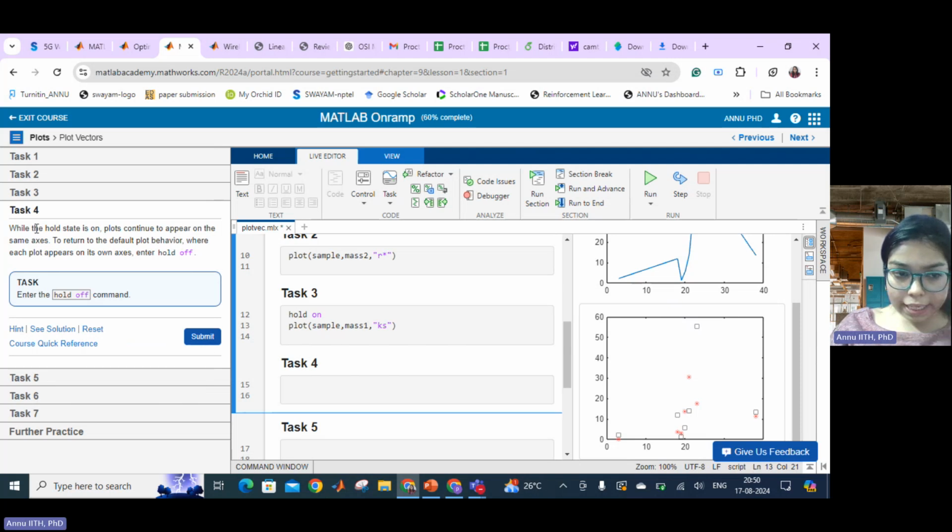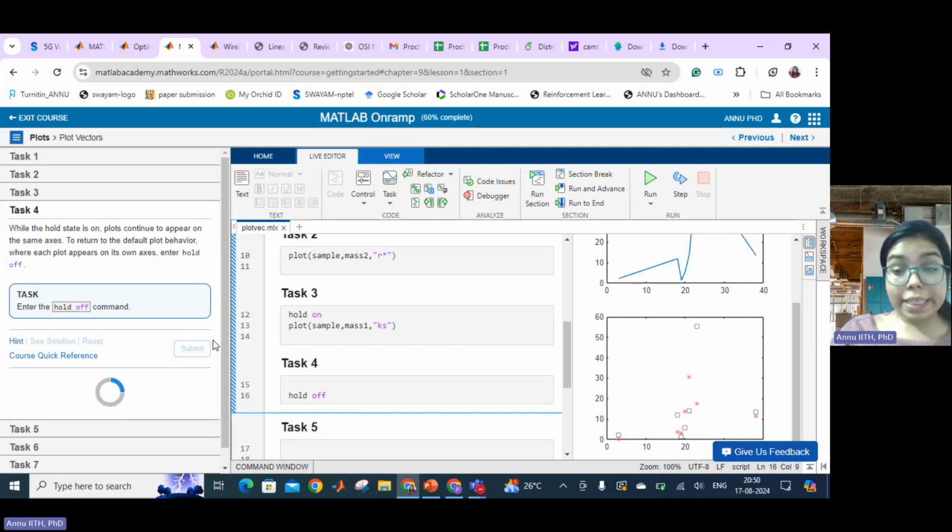While the hold on state is on, plots continue to appear. So we have to turn off this behavior, so we can use hold off, because otherwise it will continue to plot so many graphs over it.